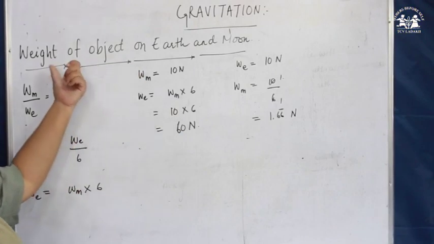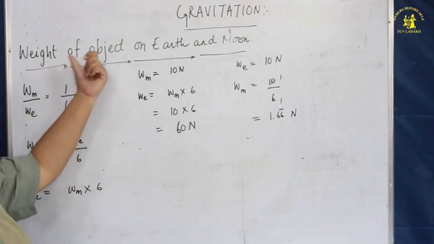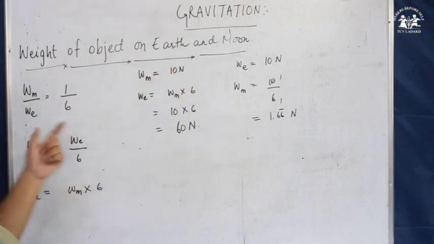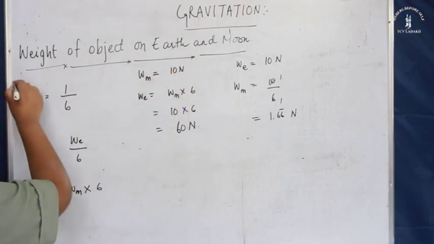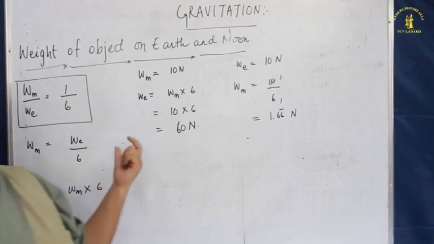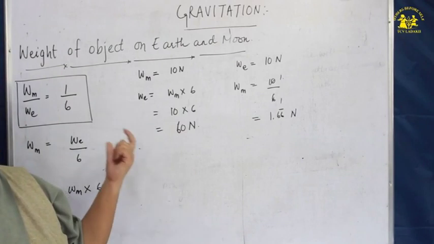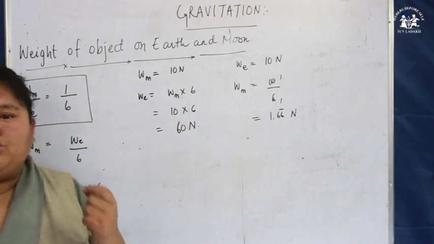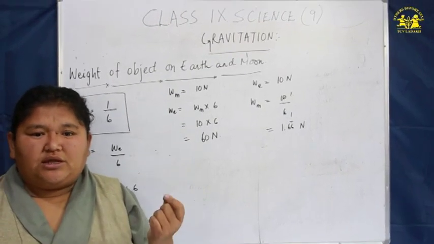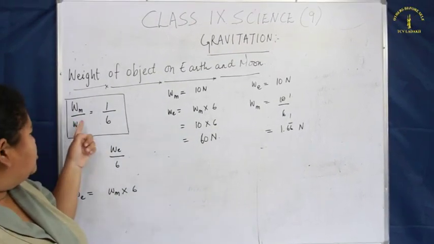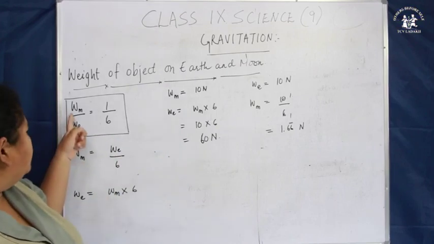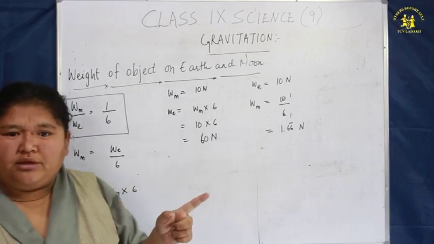So this is all about the concept of weight of an object on earth and moon. The ratio has been given in your textbook. So what I want you to do is kindly go through the textbook. Find the formula for the weight of object on moon, right?